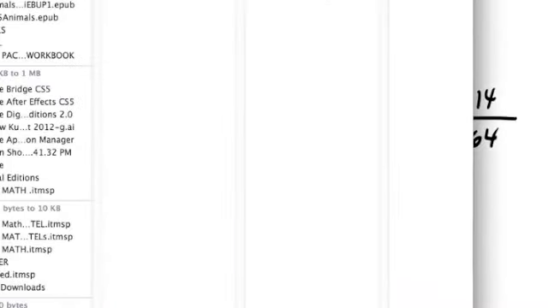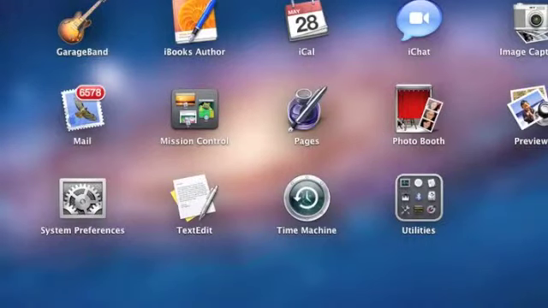So let's just say I wanted to make sure I have the exact amounts here. So let's see, where's my handy trusty calculator on this wonderful device here? There's a calculator. Let's open it up.